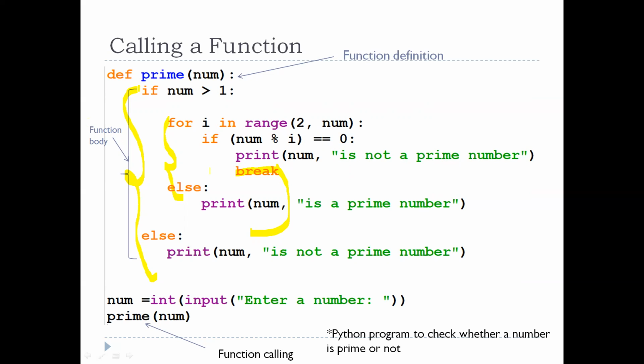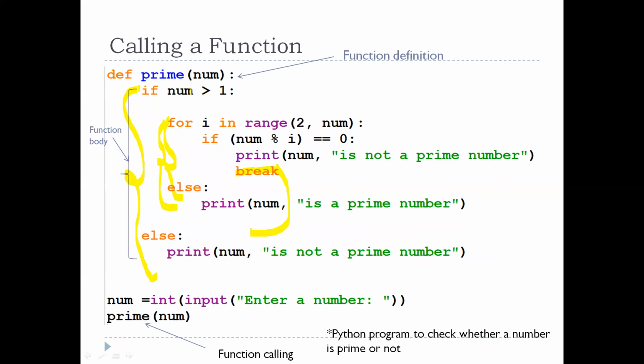What if this number is not divisible by any number in the range from 2 to number minus 1? Then in the end, the else part will work. We print that this number is a prime number, because it has not been divided by any number in the given range. Now this is about the if part: if the number is greater than 1, this part will be executed.